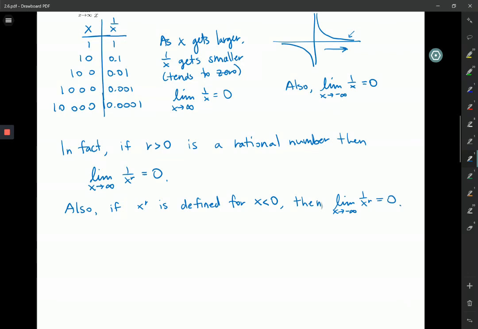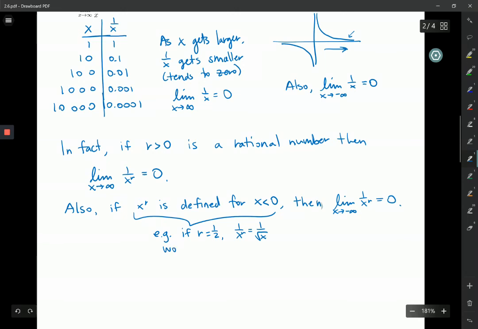Okay, so the reason why we have to make this statement in this way is because, for example, if we had r equals 1/2, then 1 over x to the r would be 1 over the square root of x, right? And that would not be defined for x less than 0. And this happens for a lot of values of r, actually, because if it's a fraction with an even denominator, we run into a problem.